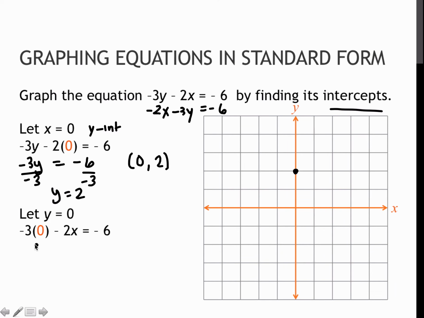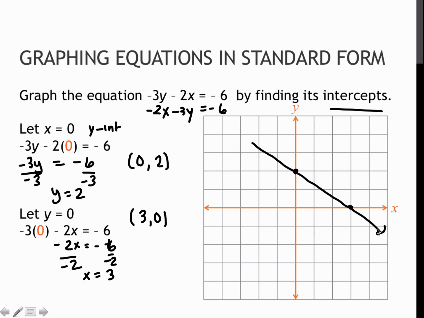When I let y equal 0, -3 times 0 is 0, which leaves me with -2x equals -6. I divide by -2, and I get x equals +3, so the point is 3, 0. So 0 for the y, 3 for the x. That is the point right here. Then I'm going to draw a line to connect those 2 points, and that is the graph of the line -3y minus 2x equals -6 by finding intercepts.